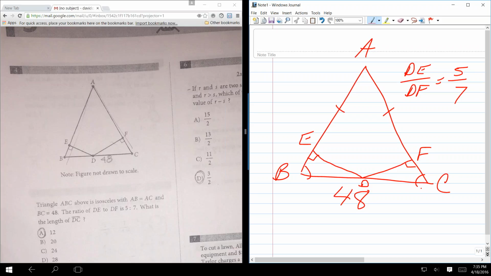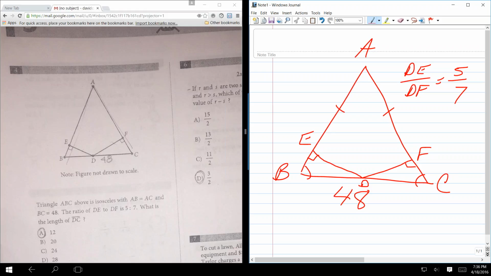Well, they are right triangles, but what about the relationship between the 2? They're 30, 60. Nope. Are they congruent? Do they look congruent? No, they don't look congruent.